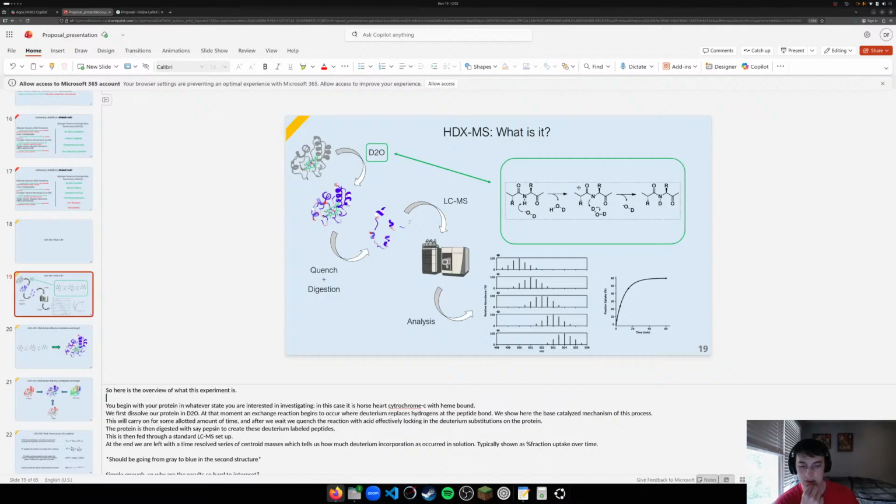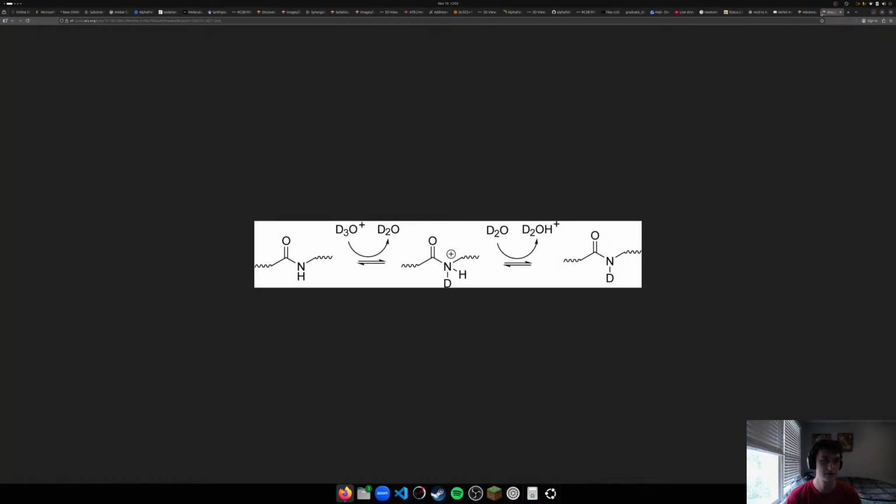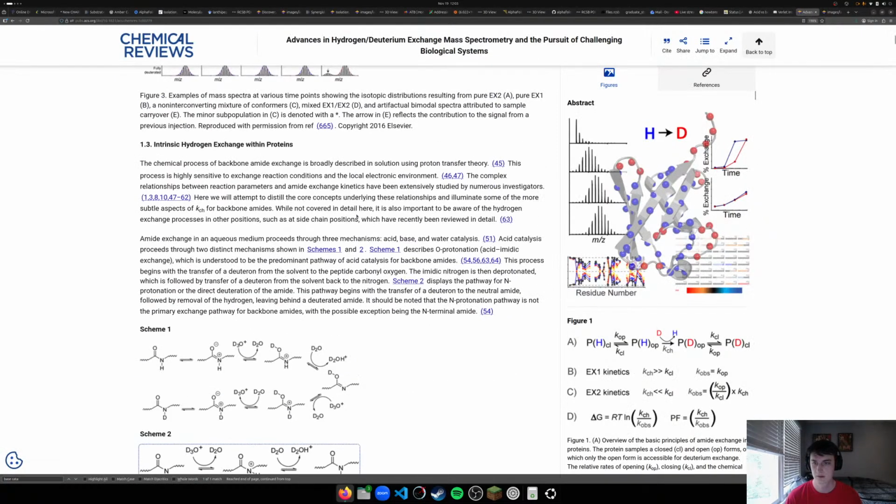So over here is the base-catalyzed mechanism for what happens when you dissolve your protein in D2O. Along the peptide backbones, there would be this OD. So what would this be called? I don't want to say alkoxide because I don't think that's the right term for it.